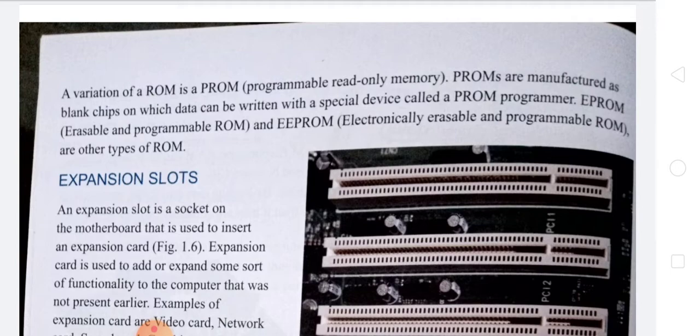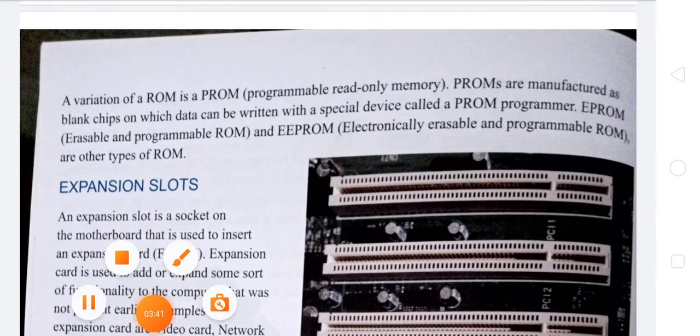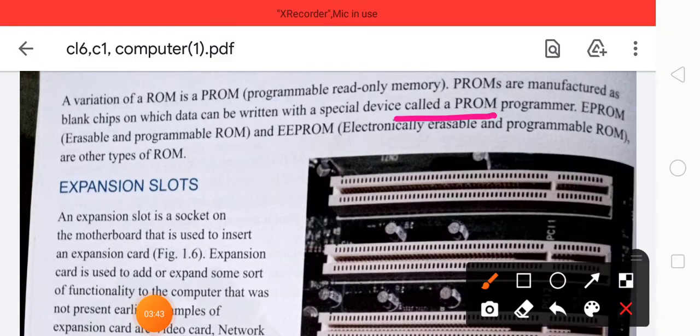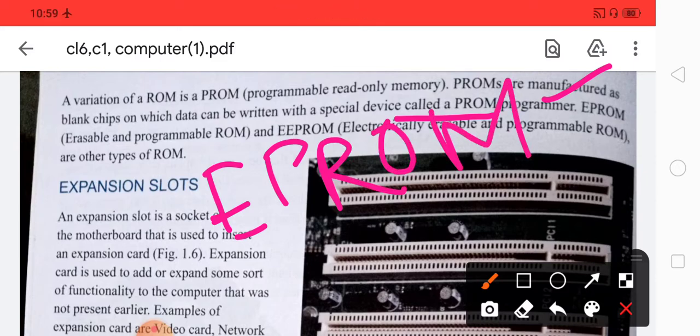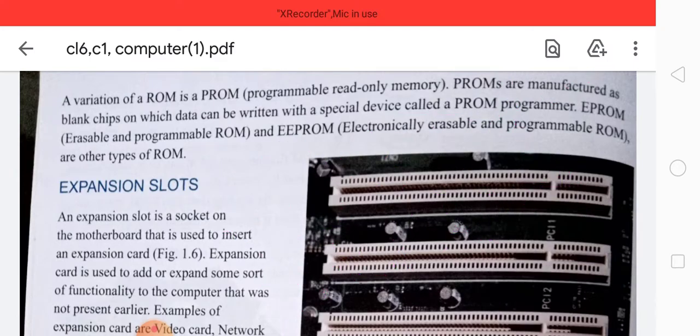PROMs are manufactured as blank chips on which data can be written with a special device called a programmer. EPROM, which stands for erasable and programmable ROM, and EEPROM, which stands for electrically erasable and programmable ROM, are the two types of ROM.